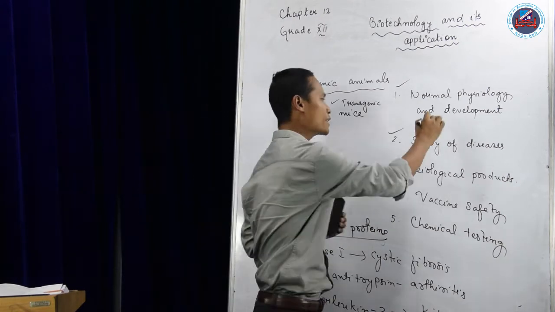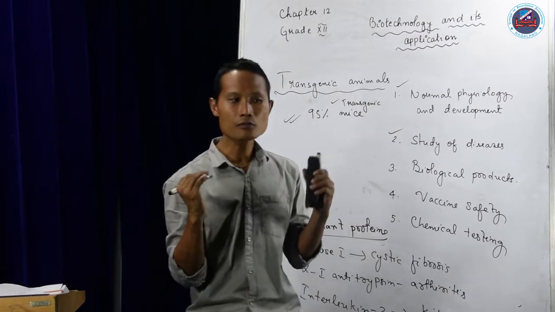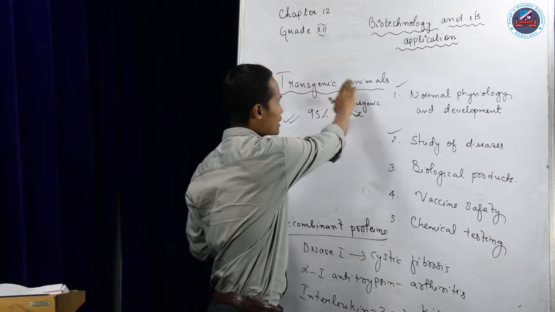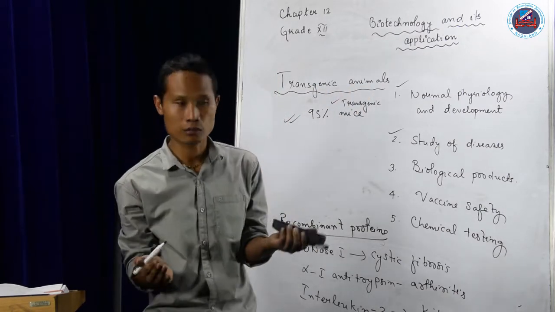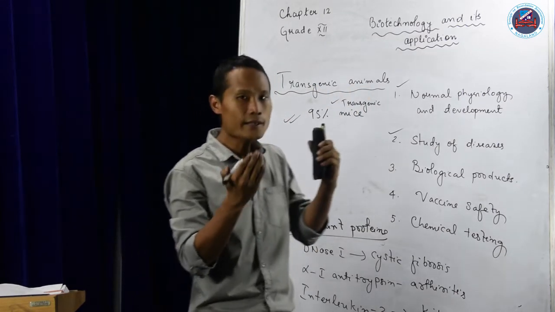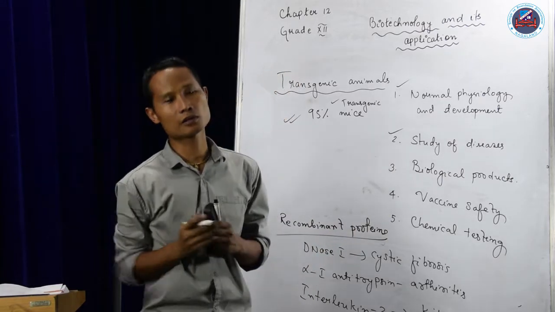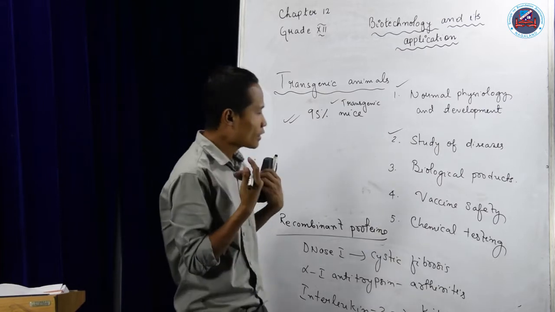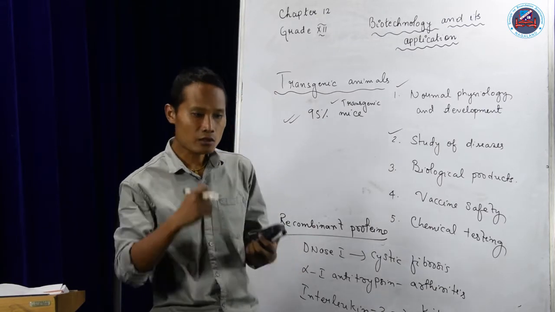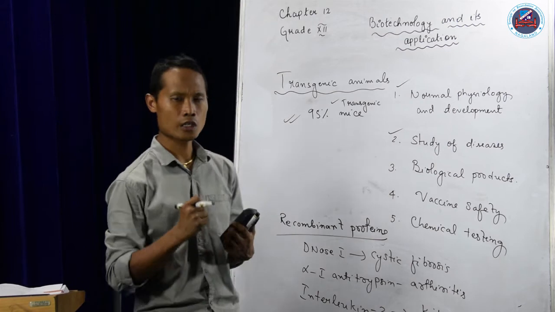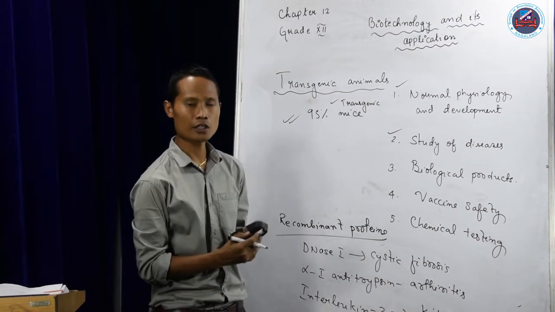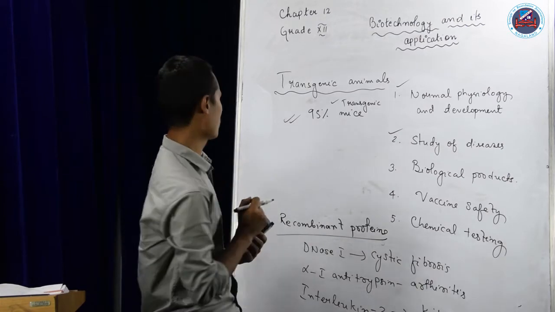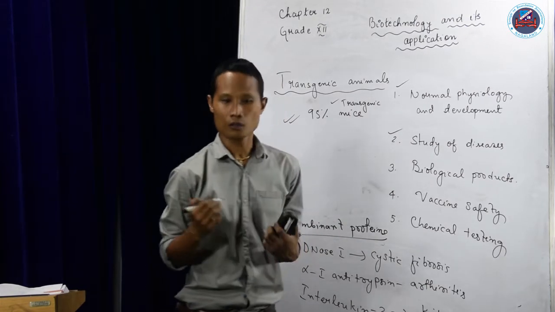Next is the study of diseases. We can also make a disease model. A transgenic animal can be used as a model where the disease is seen in animals, as in human beings. If a human has a disease, we cannot just treat the patient. Even though the vaccine has been developed or the drug has been designed, we just cannot inject it into human beings.